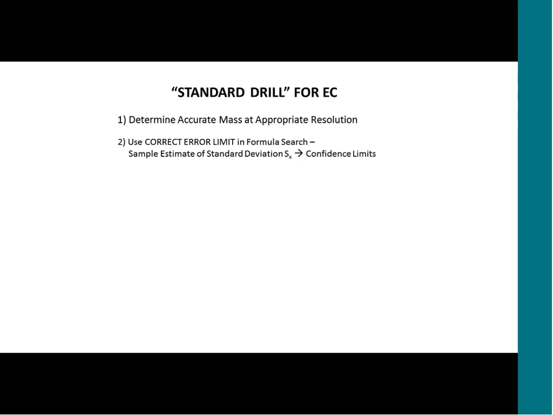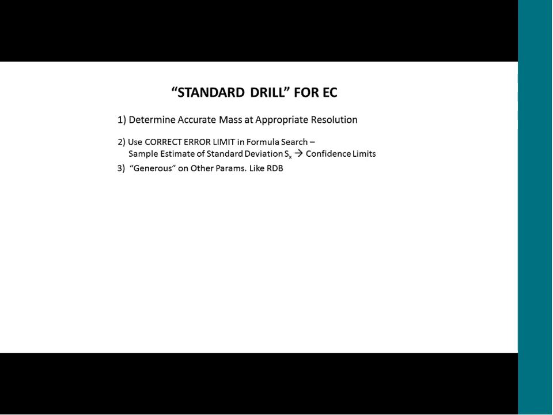And you need to determine this for your instrument on the day that the experiment is carried out. And thereby, you'll derive the sample estimate of the standard deviation of your instrument that day, and you'll be able to select the correct confidence limits regarding what probability you want to gain that when you have your list, your answer is, in fact, on that list.